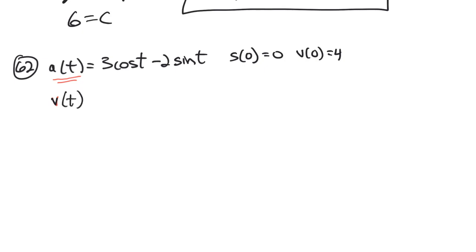So to get from acceleration, we first go to velocity. So just think, what function do I put here whose derivative is 3 cosine of t? Well, that's going to be 3 sine of t, right? Because the derivative of 3 sine of t is 3 cosine of t. And now I need something right here whose derivative is -2 sine of t.